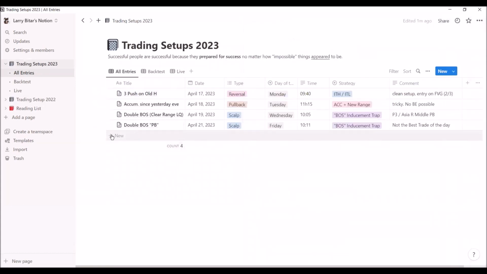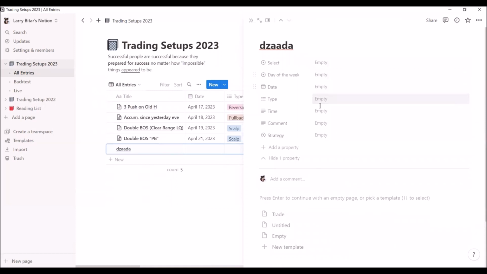If you create a new trade, you just have to put, for example, this is a backtest, day of the week, date, type, pullback, reversal. This is not very important, maybe I will remove it. The time I think is important.